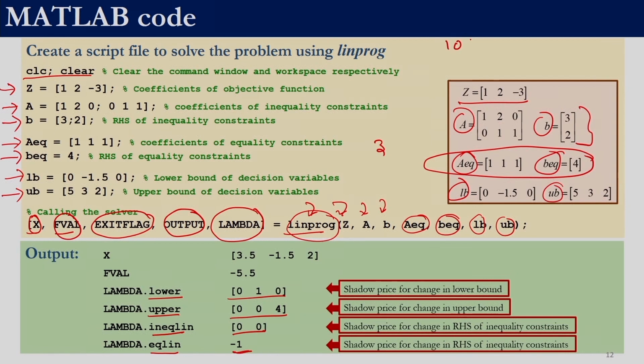If we have 10 decision variables, 2 inequality constraints and 5 equality constraints, then lambda.lower and lambda.upper would each have 10 values, lambda.ineqlin would have 2 values and lambda.eqlin would have 5 values. This lambda denotes the Lagrangian multiplier or shadow price. We will discuss the significance of these Lagrangian multipliers with an example.